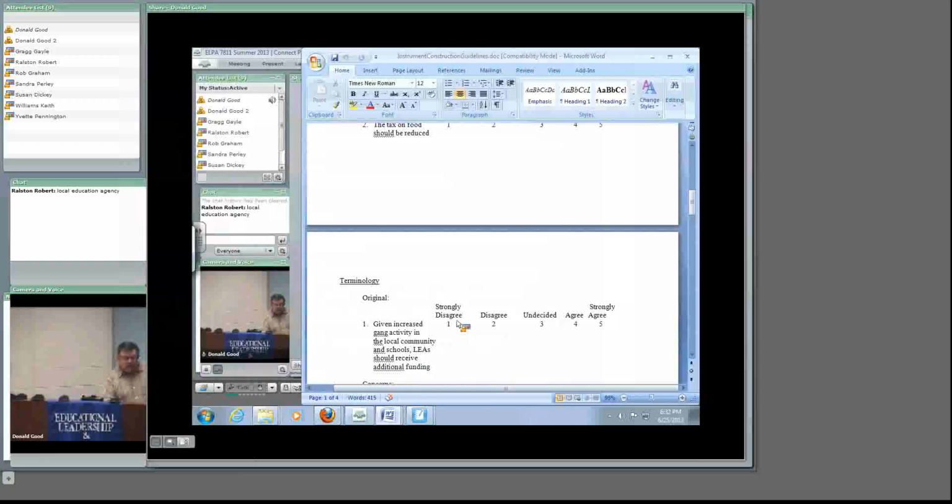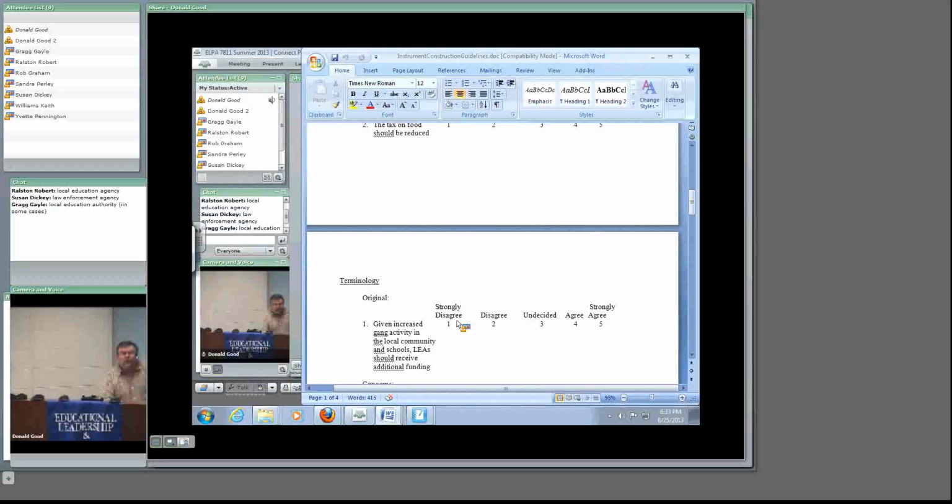Association? It might be that. Usually local education agency is what I think of, but you're right, association could work too. It could be law enforcement agency, which would still fit the context of the question.